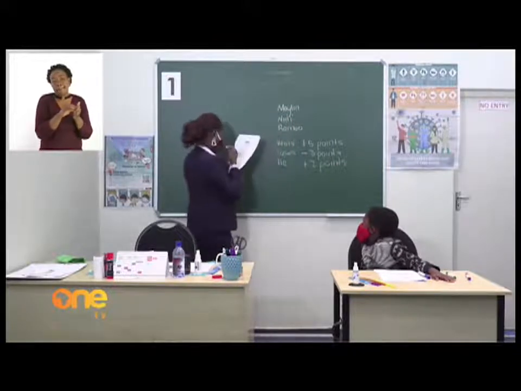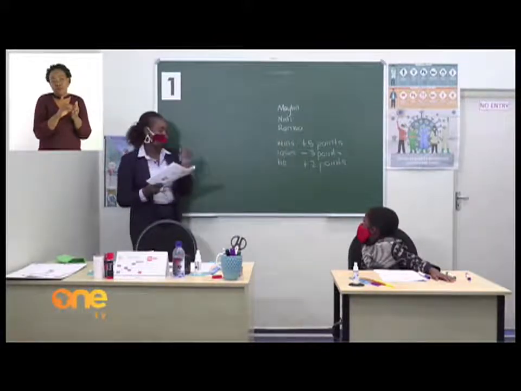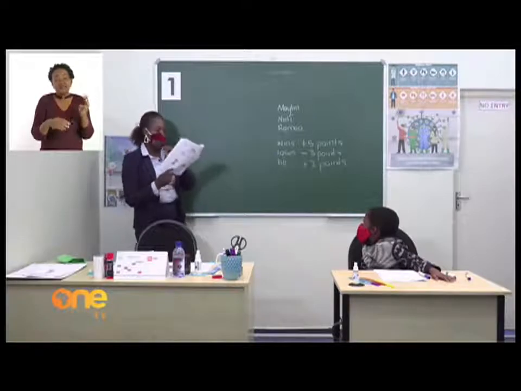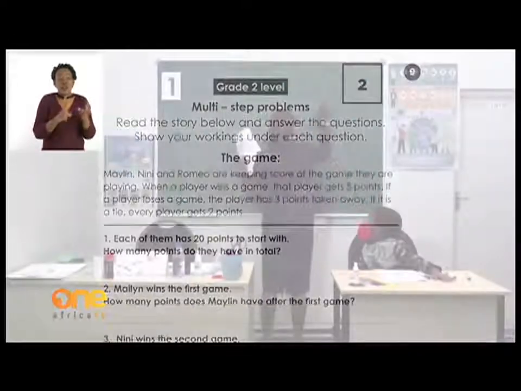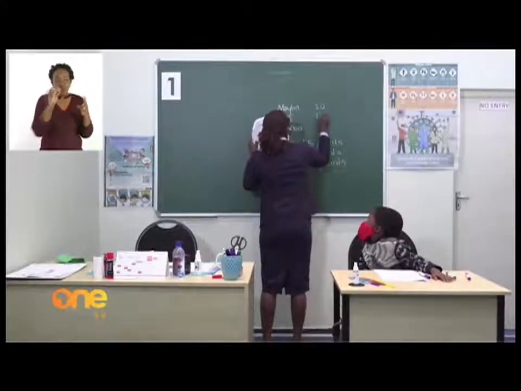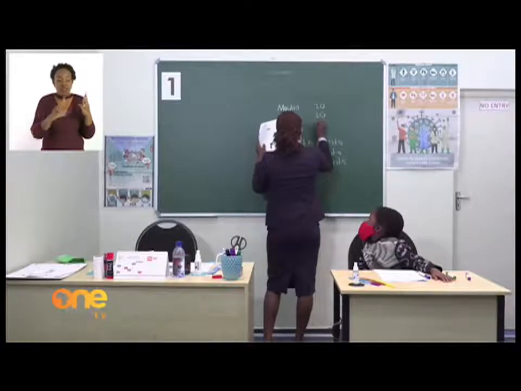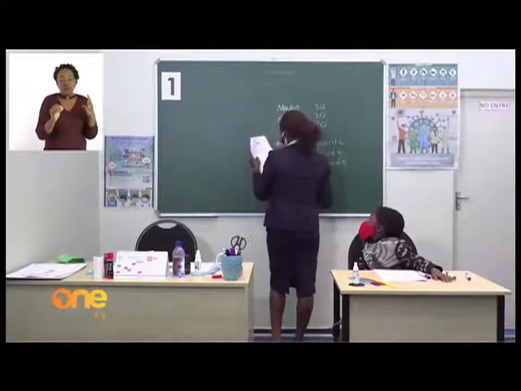Okay. Let's now check our questions. We are going to do number 1 and 2. What does number 1 say? Each of them has 20 points to start with, which means Marilyn 20, Nini 20, Romeo 20.